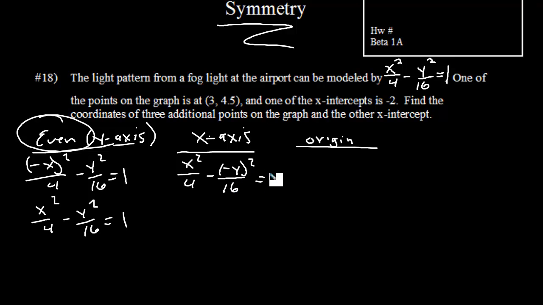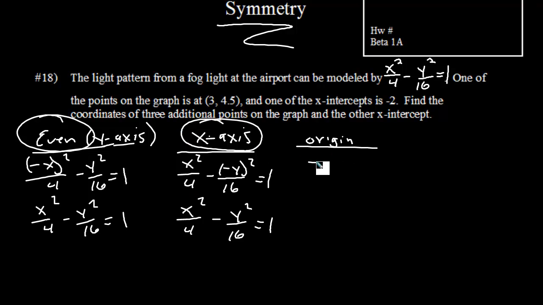But you're just going to square it. So it's going to return it to its original pristine condition. So it's symmetric with respect to the x-axis. The origin, well, you change the sign of x and you change the sign of y. Change them both. But you're squaring them both. So it just goes back to the original.